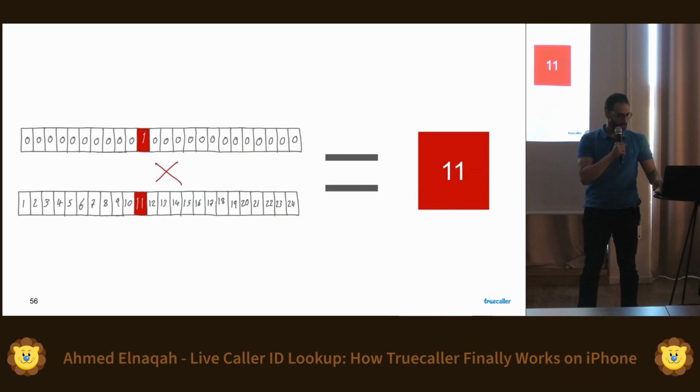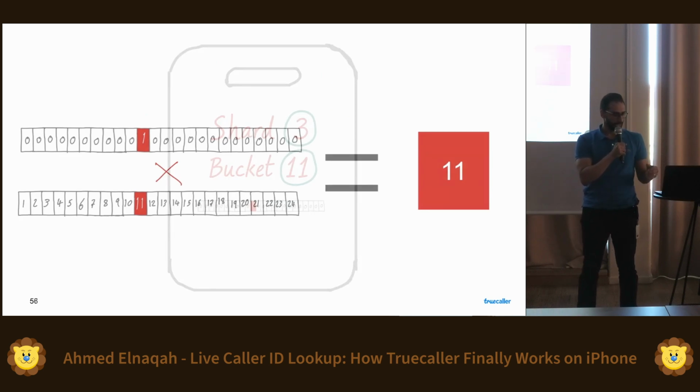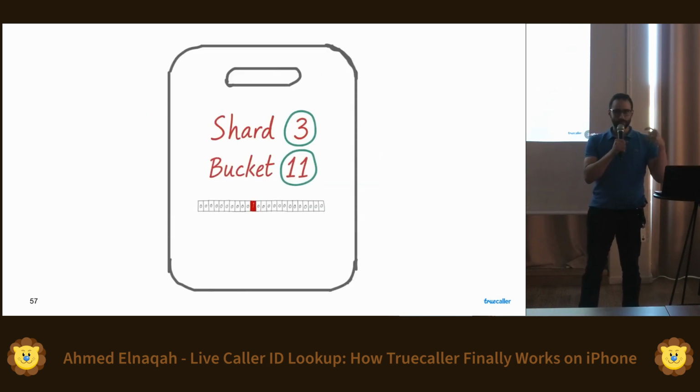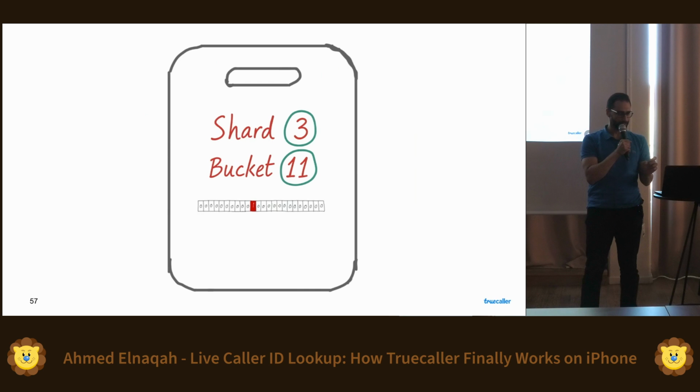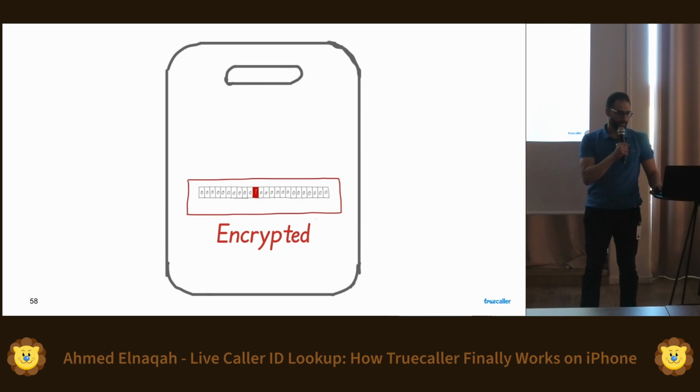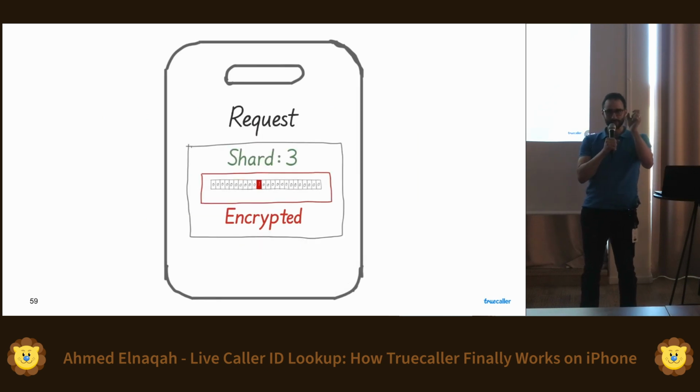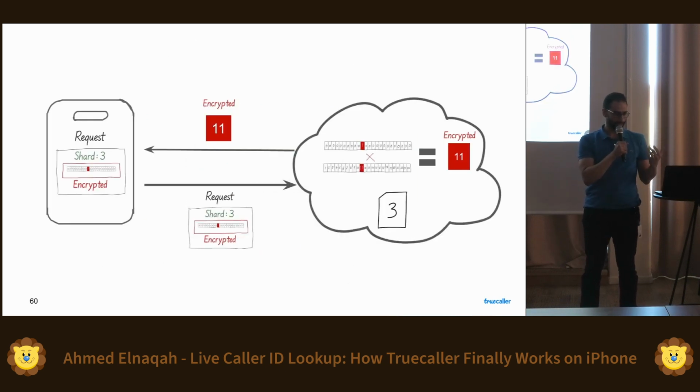So in this way, we formatted our data in a way that we can apply mathematical operation on it. And we know how the query should look like, or the client knows how the query should look like. So if the client knows that it needs shard number 3, bucket number 11, it will form the query to fetch bucket number 11, and then encrypt it, add the information that it needs shard number 3, and send this request to our service.